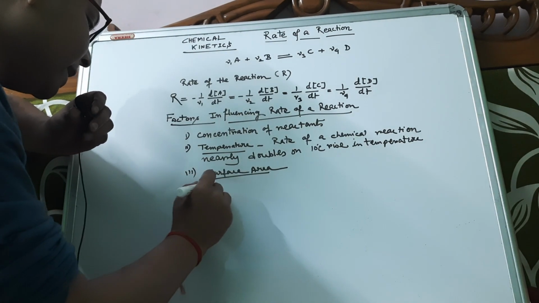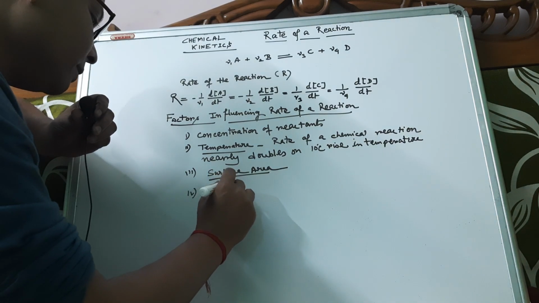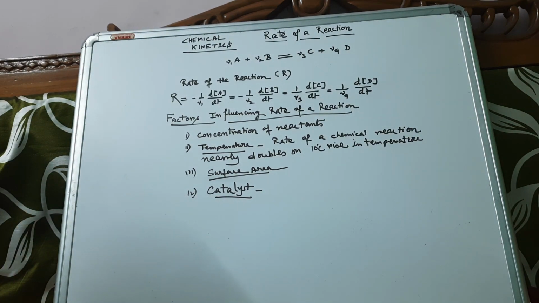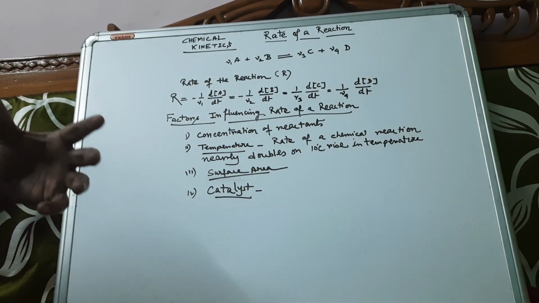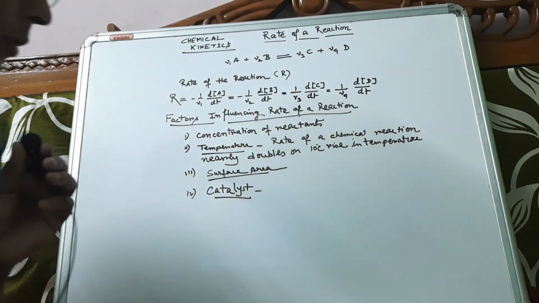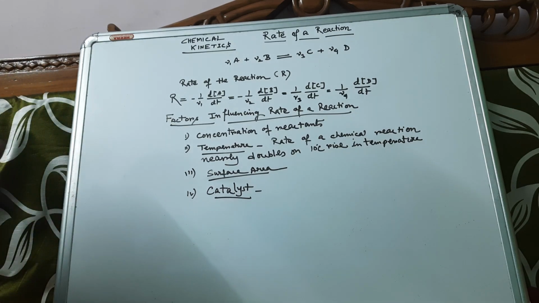Number 4, catalyst. We all know the catalyst. What happens? The catalyst decreases the required energy for the reactant to go into the intermediate, so the activation energy also decreases. So the catalyst actually speeds up the reaction, and it helps to attain the equilibrium quickly.